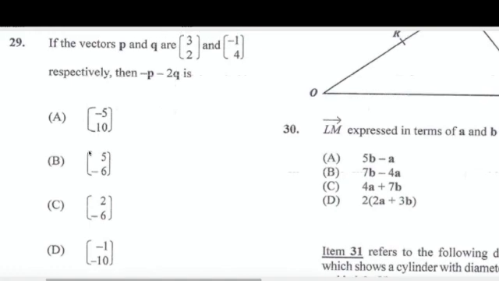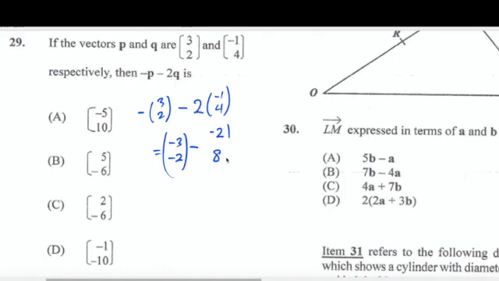If the vectors P and Q are 3, 2, and negative 1, 4, respectively, then minus P, so minus 3, 2, or minus 2, negative 1, 4. And what will that give us? Well, I'll have minus 3 and minus 2 here, and I'll leave this minus sign here. 2 times -1 is -2. 4 2s are 8. Right?